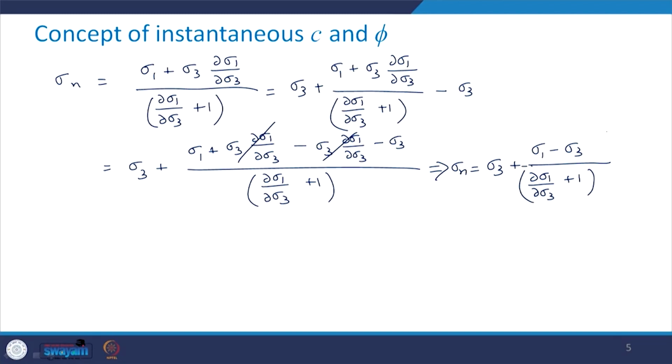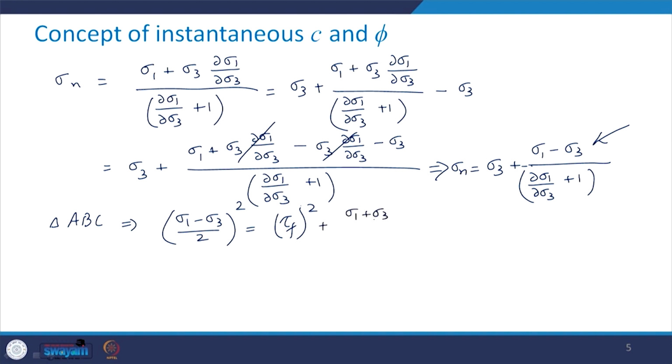Now I substitute this in the equation which we had earlier. You remember in triangle ABC we wrote ((sigma 1 minus sigma 3)/2) whole square is equal to tau f square plus ((sigma 1 plus sigma 3)/2 minus sigma n) whole square. So just substitute this expression of sigma n in this equation.